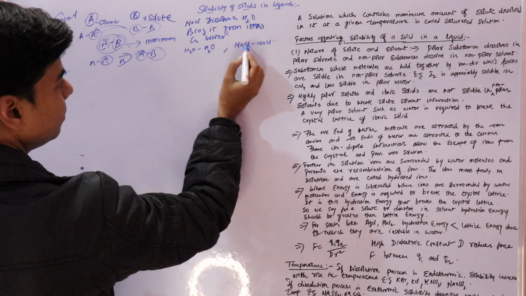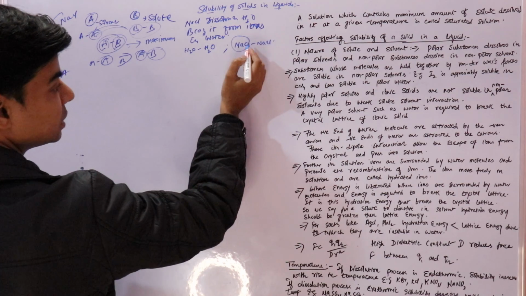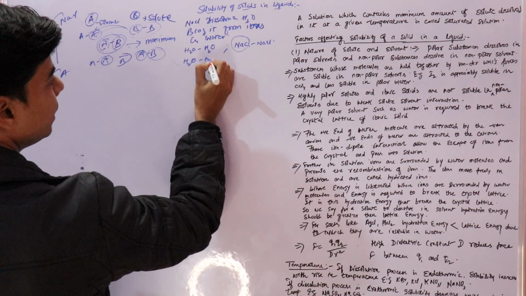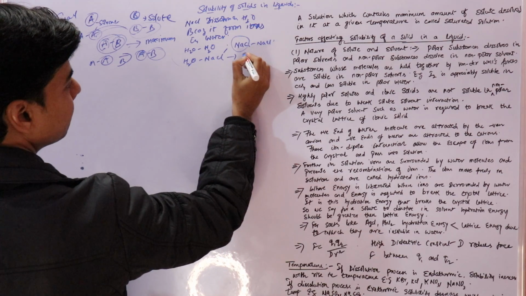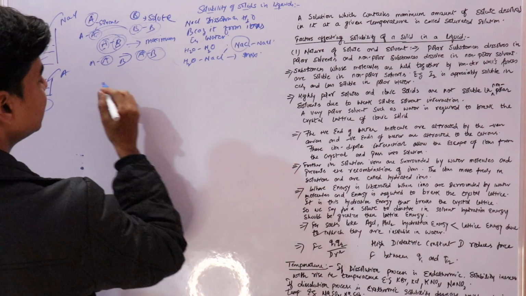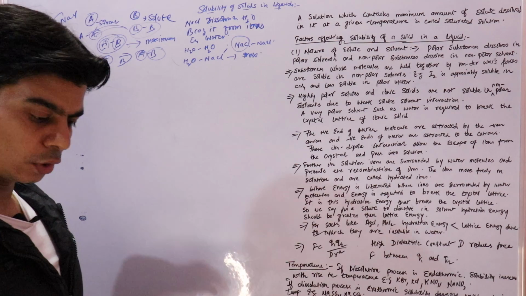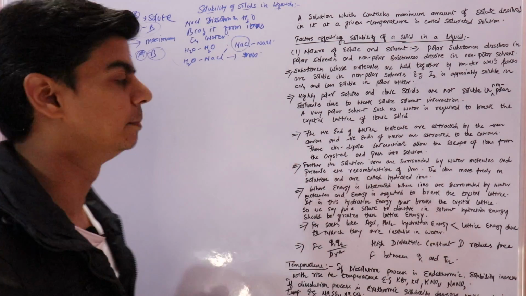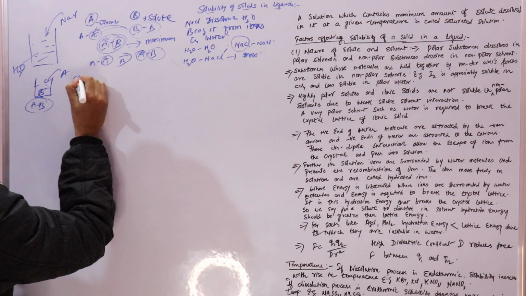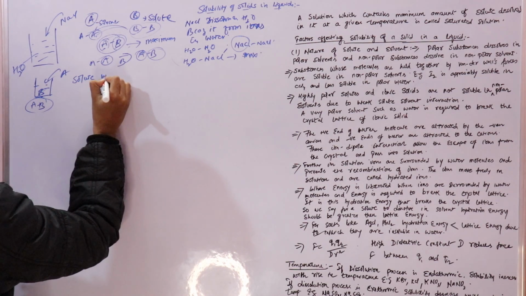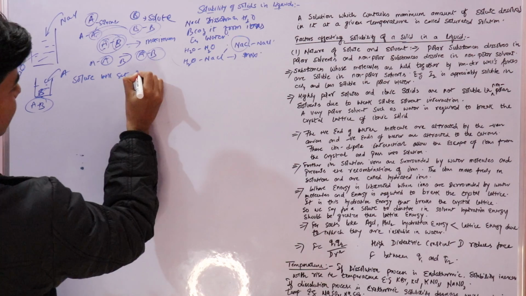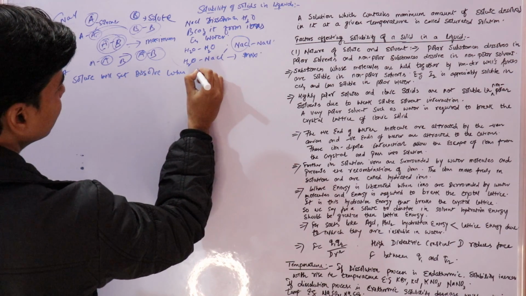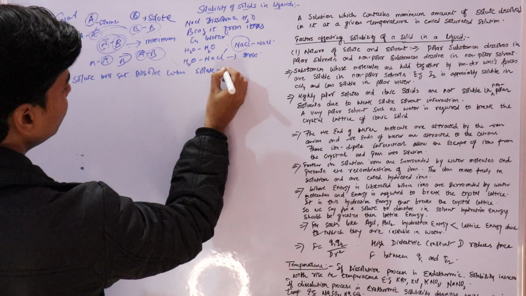So for this NaCl to dissolve in water, this water and NaCl interaction should be maximum, or we say the solute will get dissolved in the solvent when solute-solvent interaction is maximum.